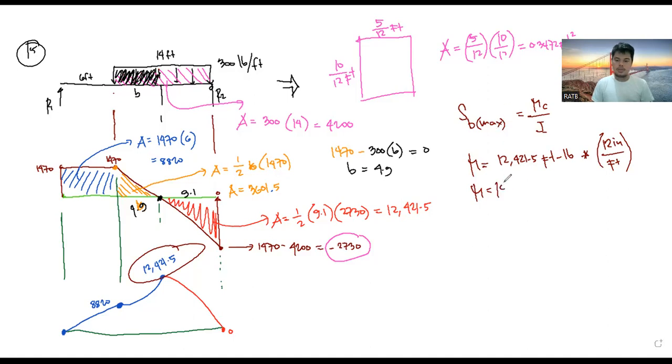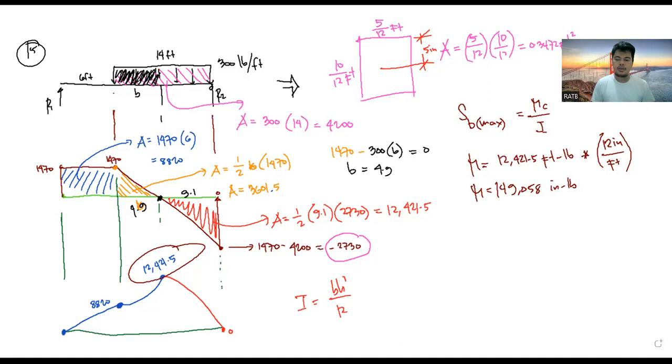So you have there 1,409.58, unit in inch pound. C, obviously, is from the center to the top, so this is 5 inches. And then I, for the rectangular cross section, is BH cubed over 12.